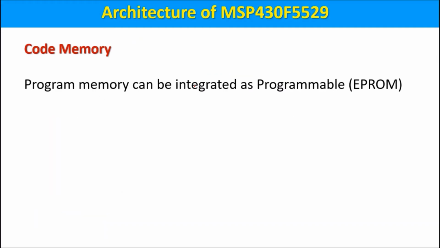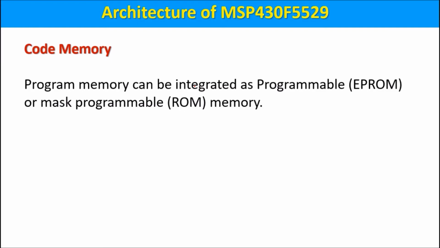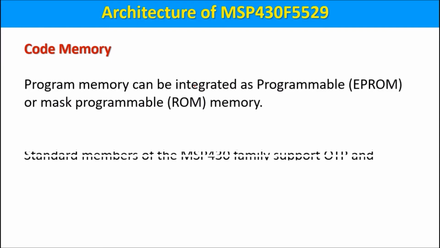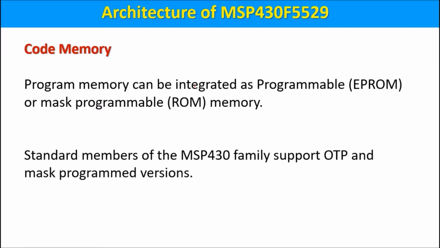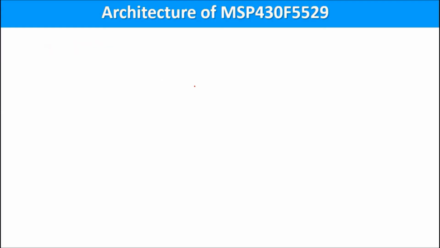Then code memory, program memory, can be integrated as programmable EPROM or mask programmable ROM memory. Standard members will support OTP, that is one time programmable memory, and the mask programmable version, that is ROM memory.